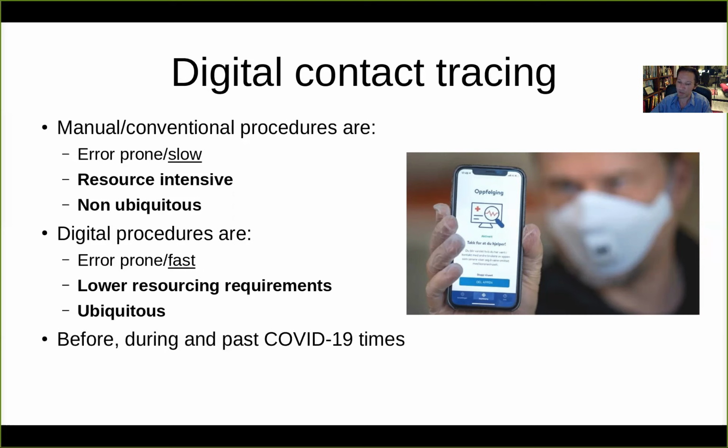So under these circumstances, the ubiquitous nature of a smartphone can add speed, lower the resource requirements in tracking down the contacts, and that can be of great help.